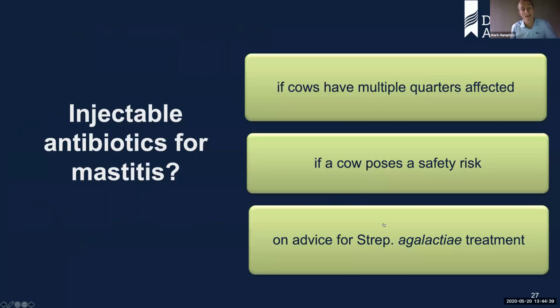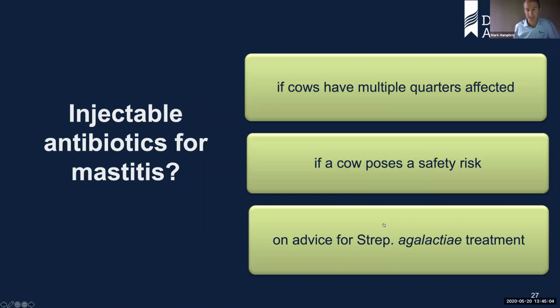So injectable antibiotics can be used if a cow has multiple quarters affected, and a number of you will do that. If a cow poses a safety risk, and it's better to put that cow in a crush and treat her more safely just with an injectable, or particular advice on groups where there's strep ag.